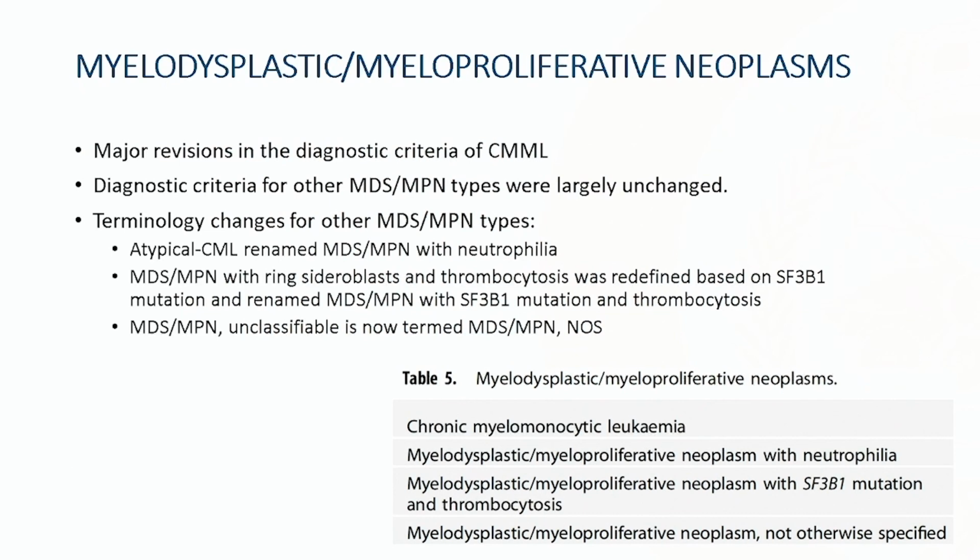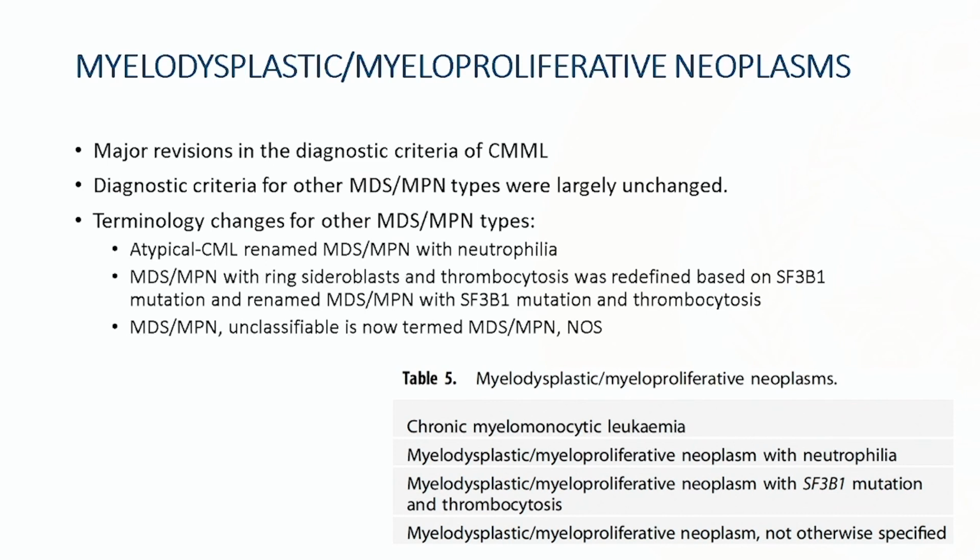MDS/MPN, quickly. There is a major revision in the diagnostic criteria for CMML, and there is also renaming and change in the terminology of other MDS/MPN. The diagnostic criteria for the others have not changed broadly.